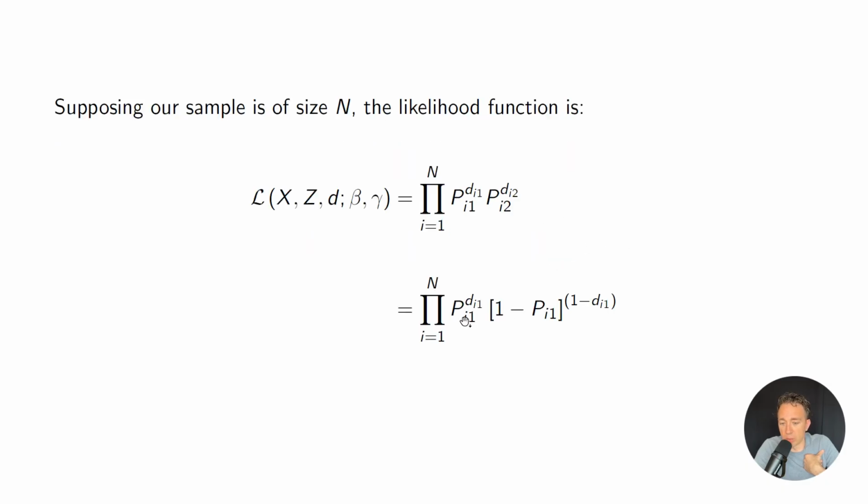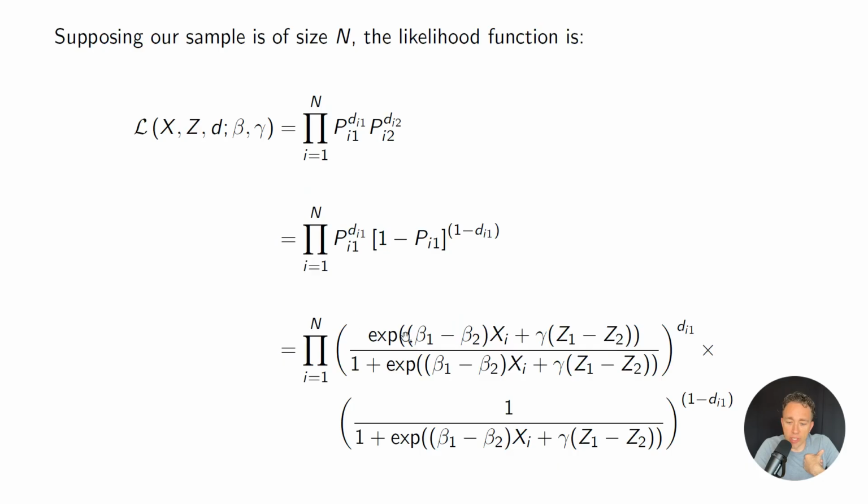But we can express it in this way, and this is maybe more familiar if you've seen the Bernoulli distribution in a prior statistics class. And then if we want to get crazy, we can actually plug in the formulas for the utility differences as a function of the parameters. So in the end, our likelihood function has x's, z's, and d's in it, as well as other mathematical functions like exponentials and fractions.